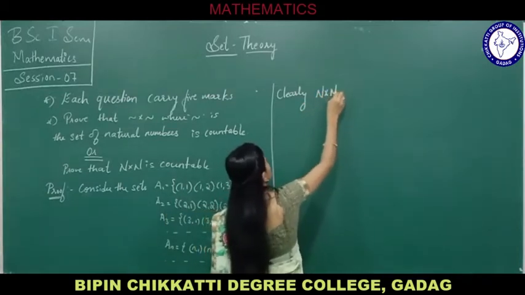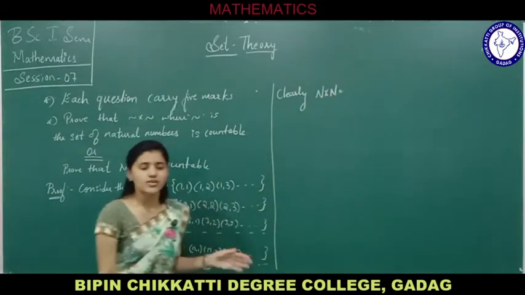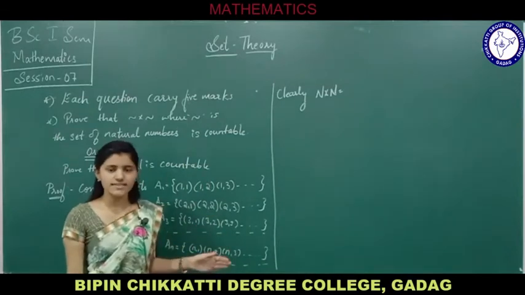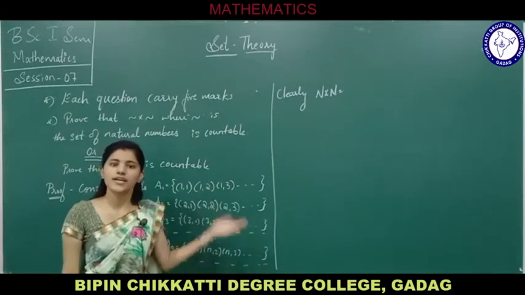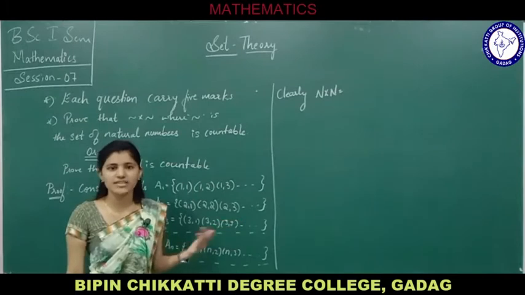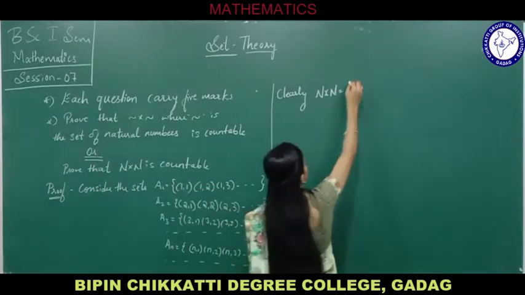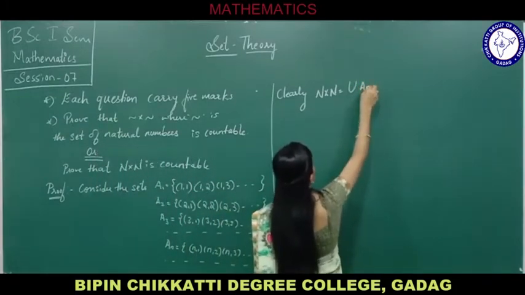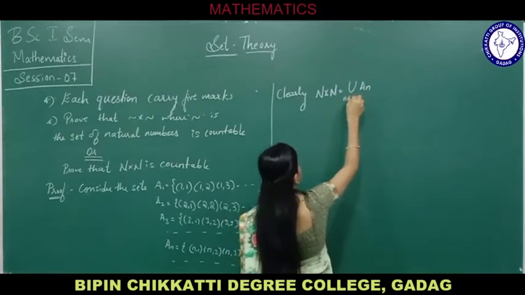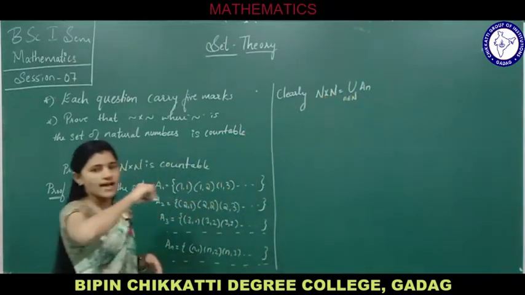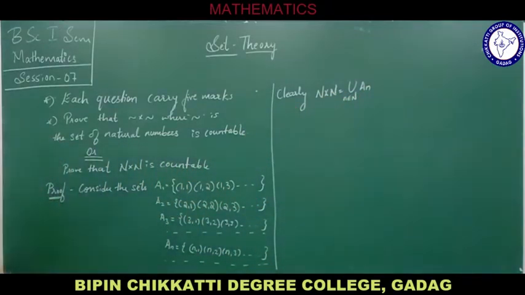N cross N, what is it? Union of an, where n belongs to the set of natural numbers. We got N cross N as the union of an, where n belongs to the set of natural numbers.